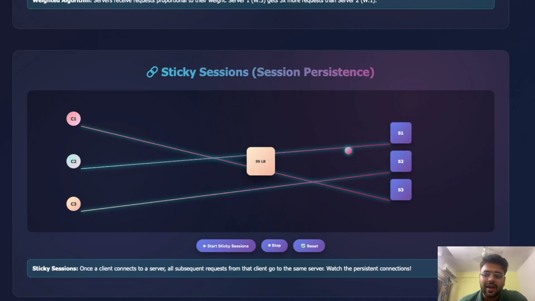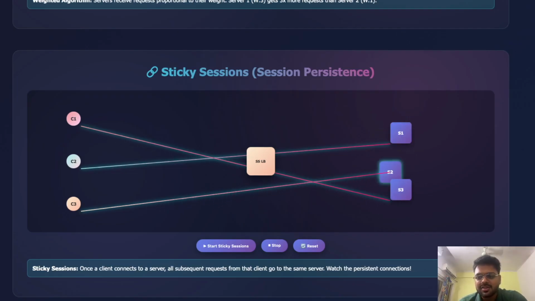Now let's understand how Netflix uses all of these. Netflix uses a combination of these algorithms depending on the service. For video streaming, they might use a weighted algorithm based on server capacity, meaning which server can handle more weight. A more intensive video would be played on a higher-capacity server, rather than a smaller video on a lower one.